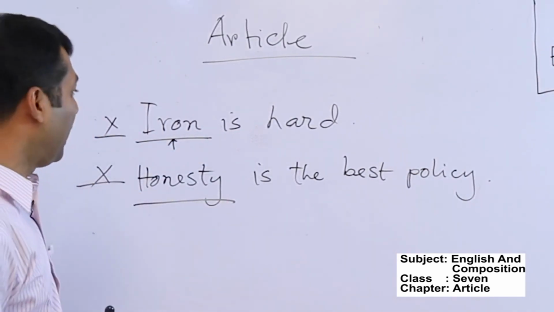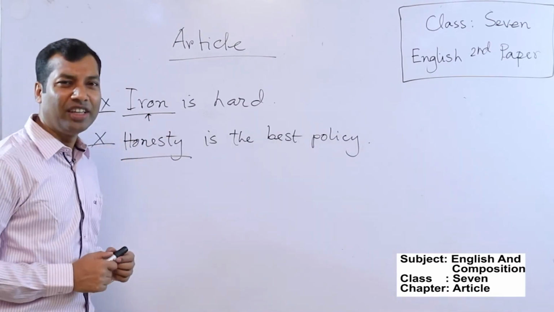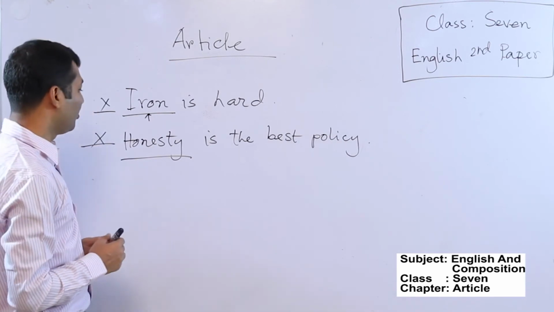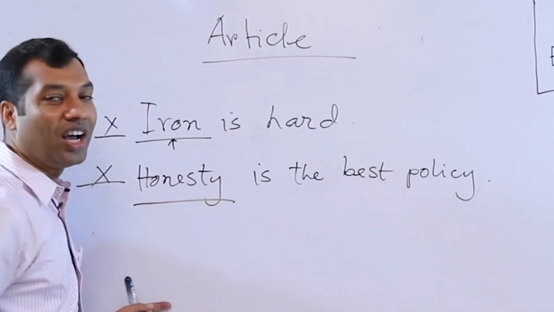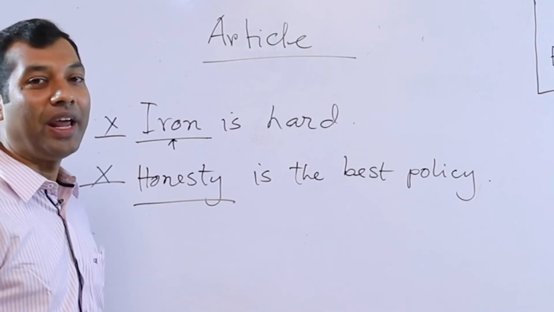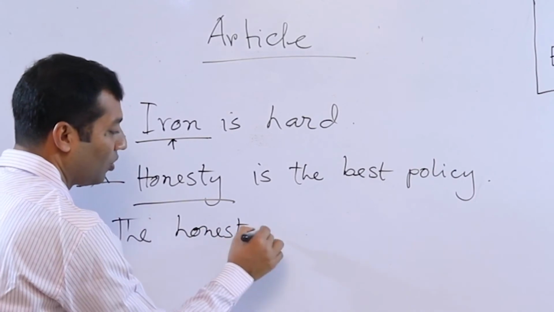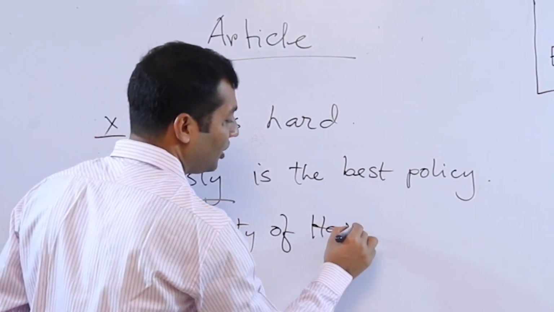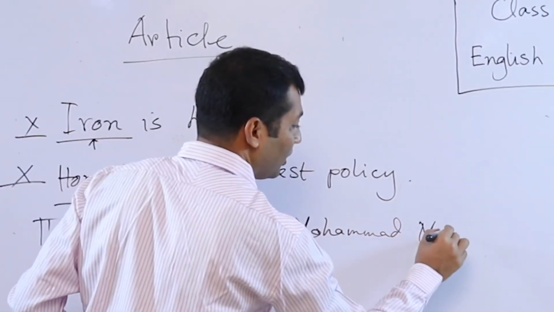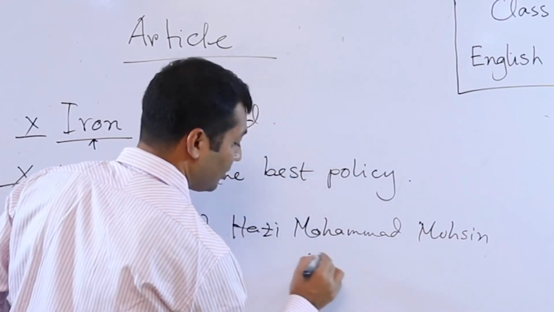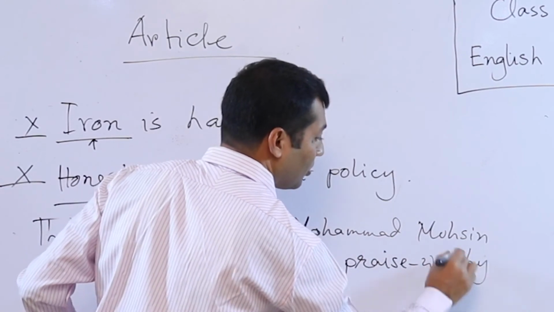But remember, if this material noun or the abstract noun is meant definitely, then it always takes the article the before it. For example, the honesty of Haji Muhammad Mohsin is praiseworthy.